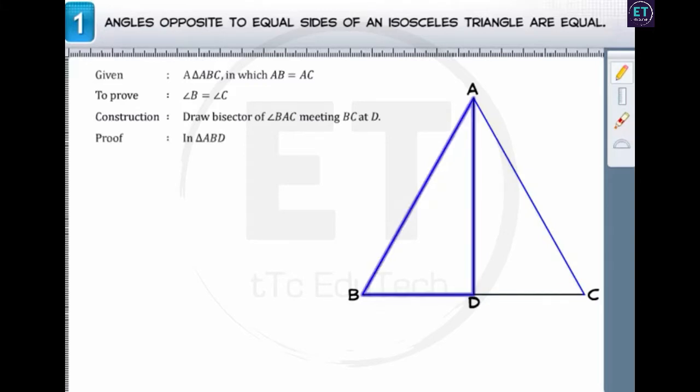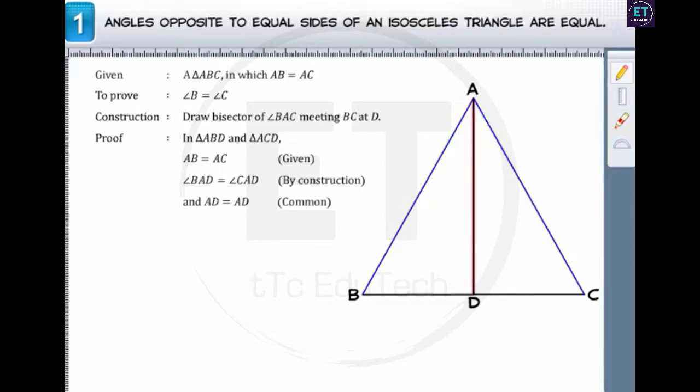In triangle ABD and triangle ACD, side AB is equal to side AC. This is because triangle ABC is isosceles. Angle BAD is equal to angle CAD, since AD is a bisector of angle A. Side AD is common to both the triangles.